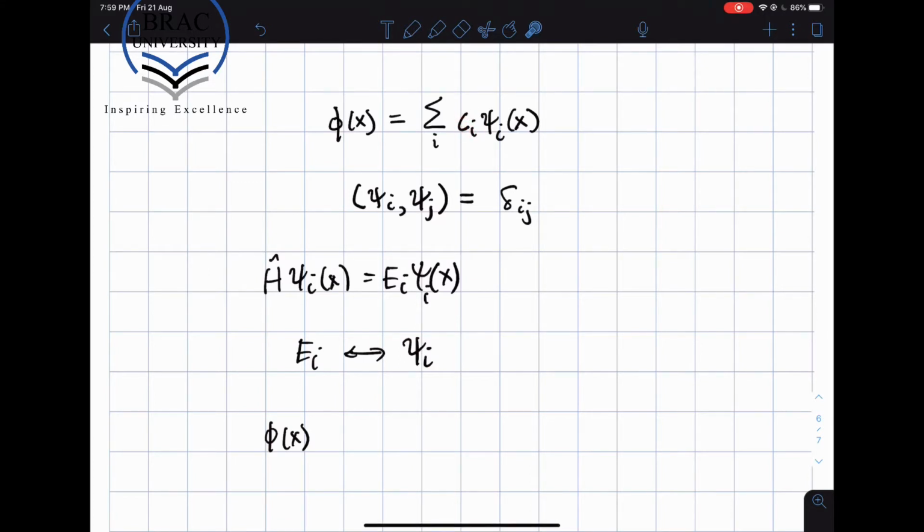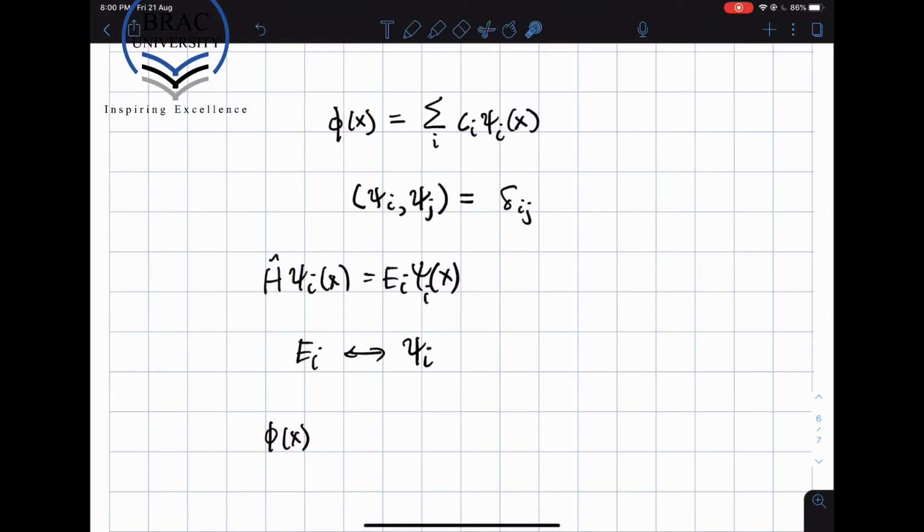So to do this, we use the fact that the psi i's have been normalized and they are orthogonal. They form an orthogonal set. There's a subtlety in making this an orthogonal set when Ei is degenerate, but we are not going to get into that and will come back to it in a later lecture.